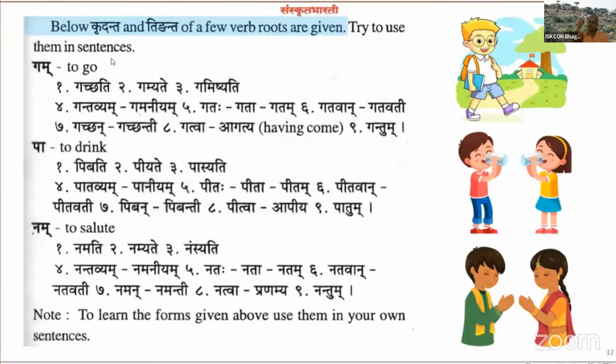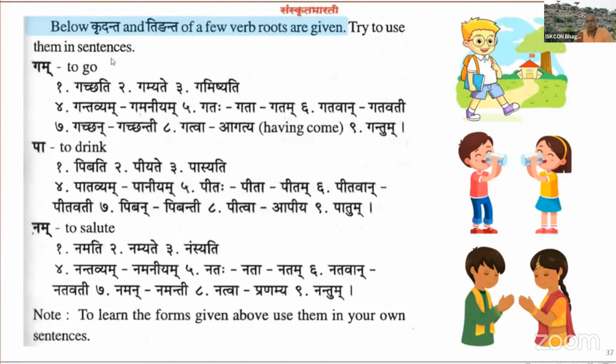This is the Kridant chapter, in which Ktavatu, Shatr, Aniyar, Kta, Tumun, Ktva and Lyap Pratyay are all part of the Kridant Prakaran. These are all Kridantaha or Kridantani.